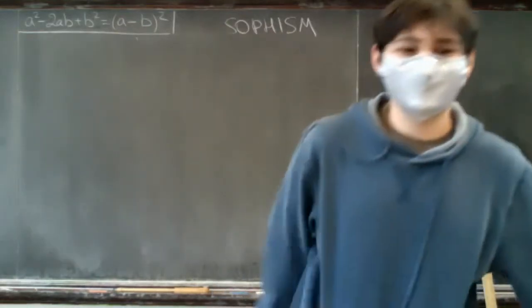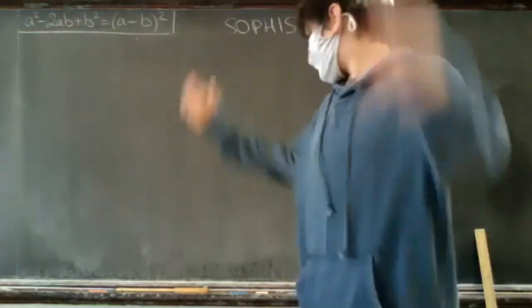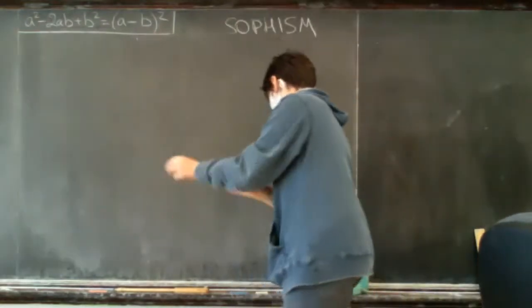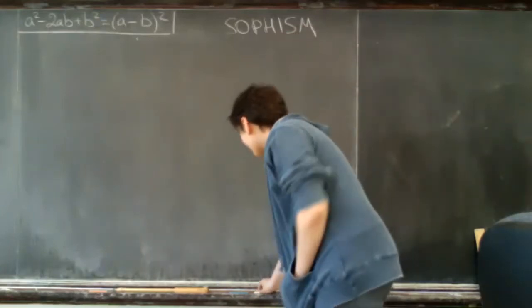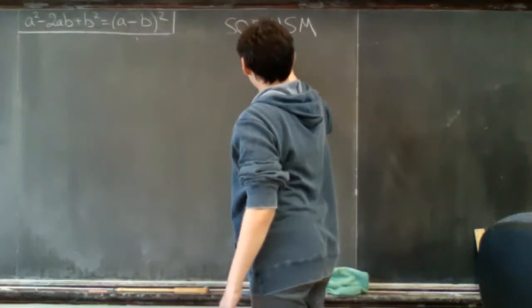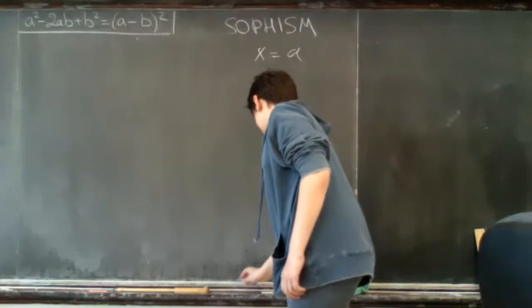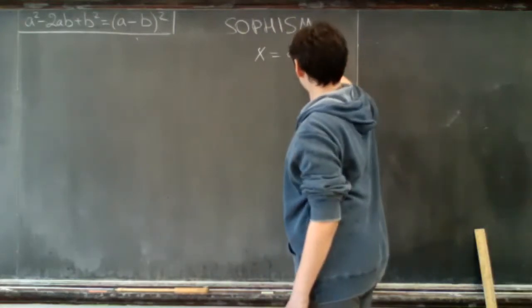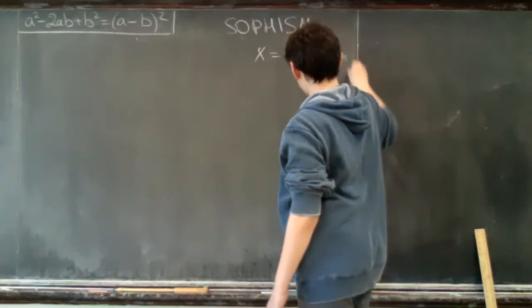My name is Shane, and I'm gonna prove that all numbers equal 0. I'm gonna start by saying that x equals a, and now I'm going to multiply both sides by negative 4a.